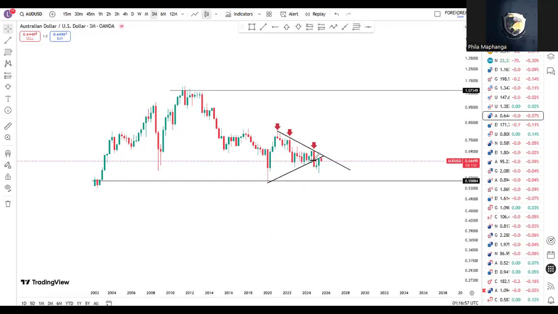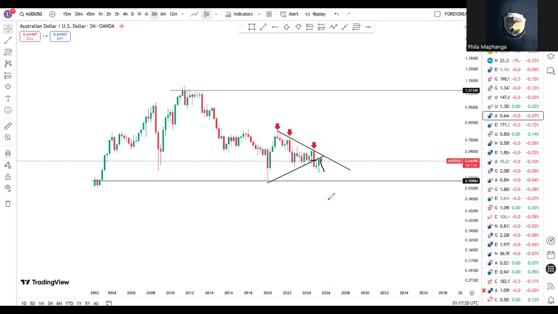So if our trend line was broken there, it means that the market will come back to test the trend line that was broken so that they can continue to the downside. This is 3 months chart, guys. By now, you also know that when we are on 3 months chart, each candlestick that you see here represents 3 months. Right? All right.